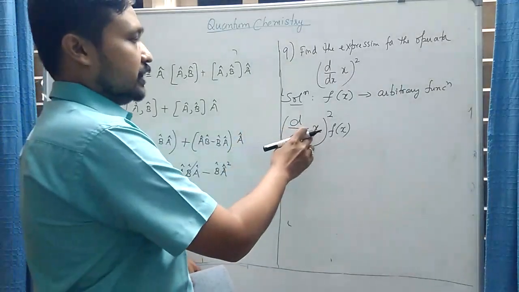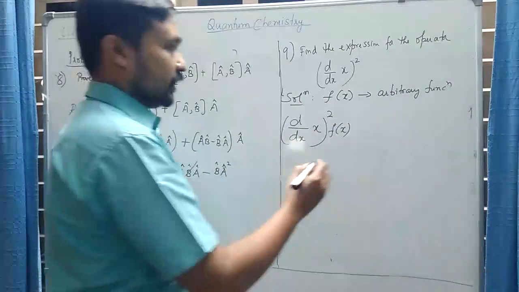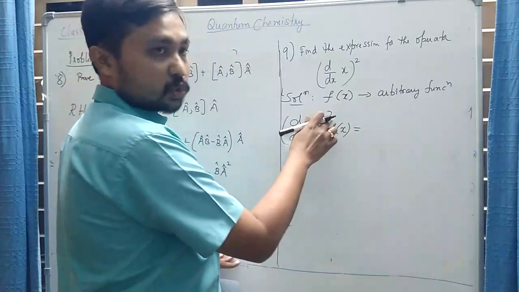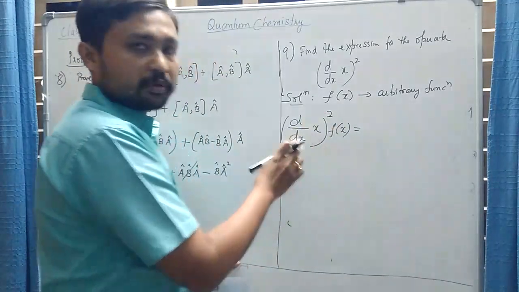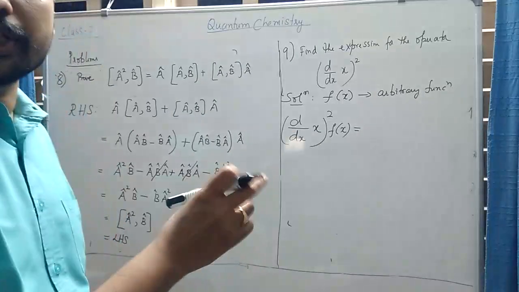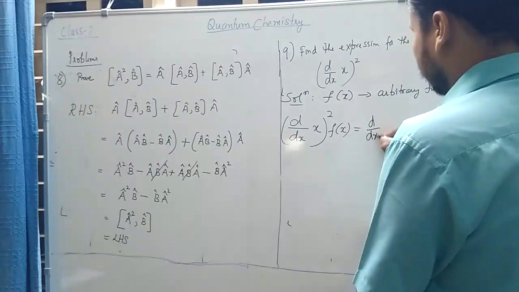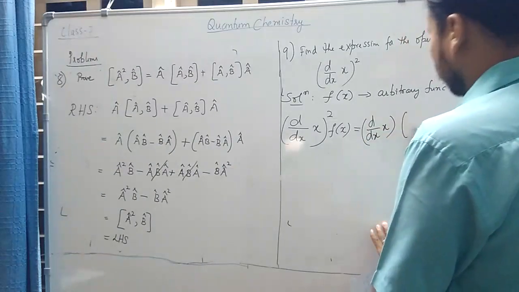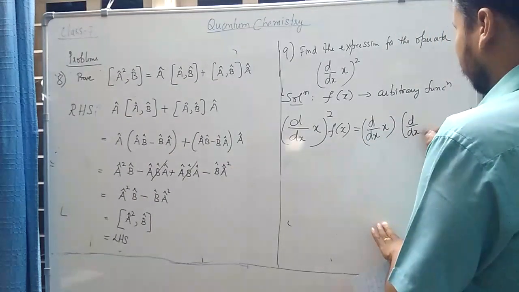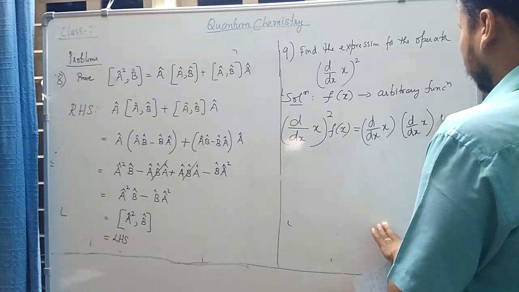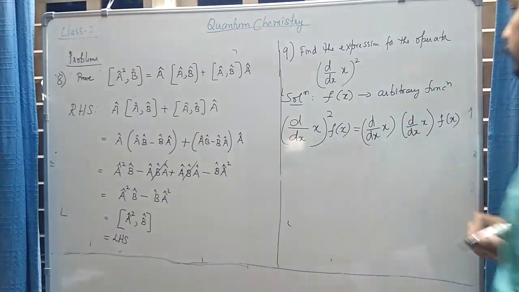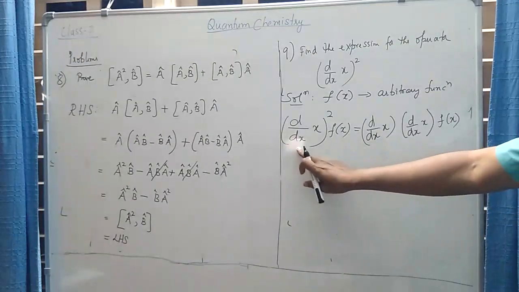So (d/dx · x)² of f of x is the square of an operator. What do you mean by square of an operator? You are applying the operator two times. So this is d/dx · x of d/dx · x of f of x.